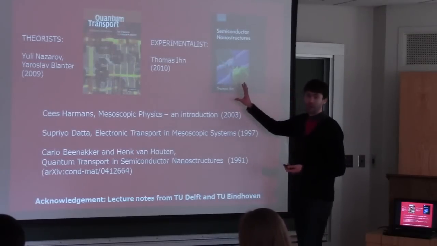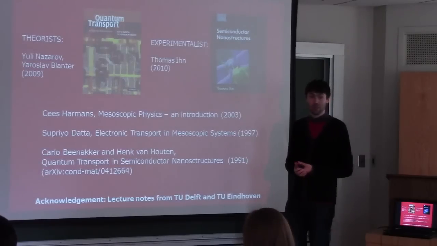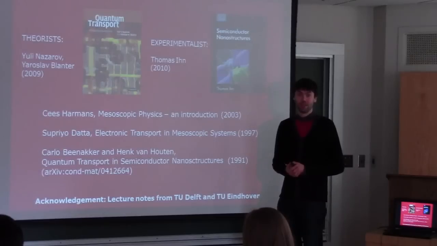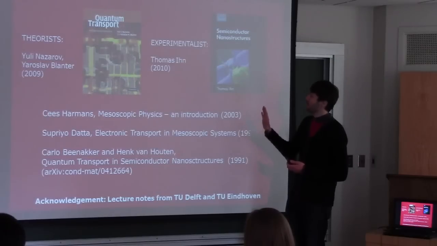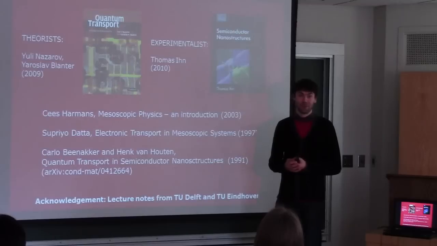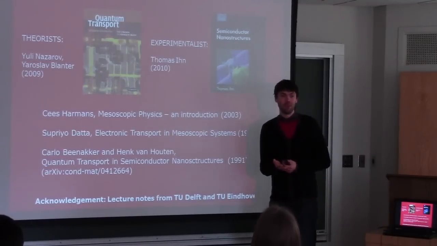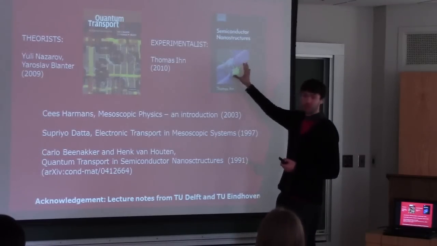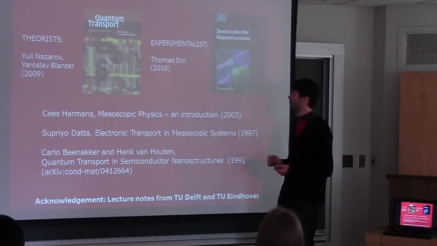And this book is written by a career experimentalist, a very excellent physicist, but also a great teacher, and so he focuses on experiments that are key to this field. At the same time, none of these books is complete, otherwise I would have given you one. For example, in this course I'm hoping to touch on some of the effects related to superconductivity, but this book strictly talks about semiconductors, so some of the effects are not in this book.